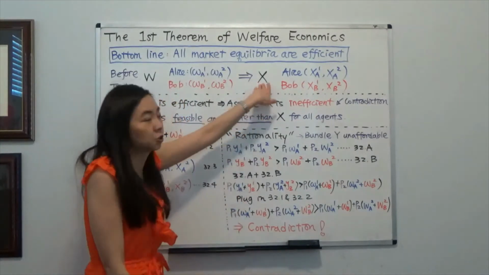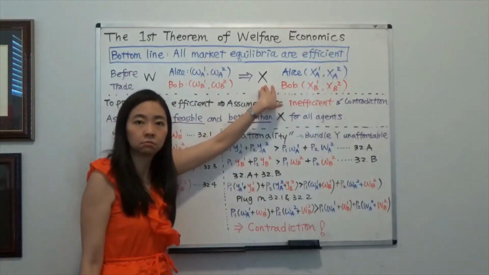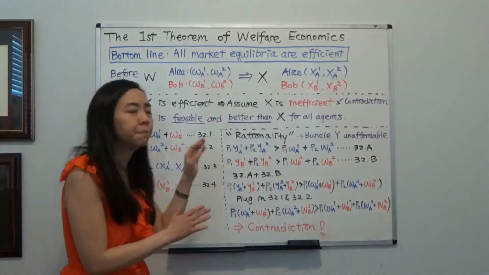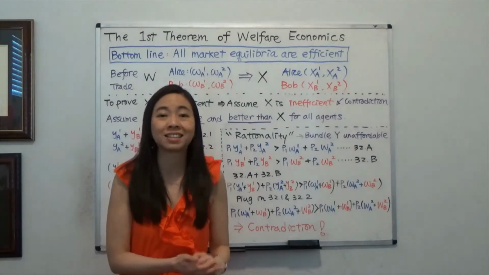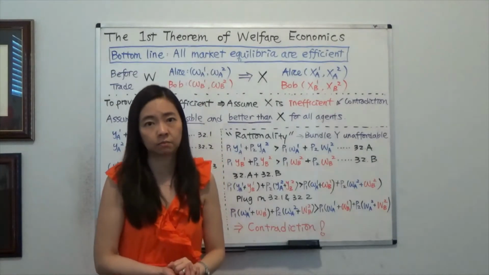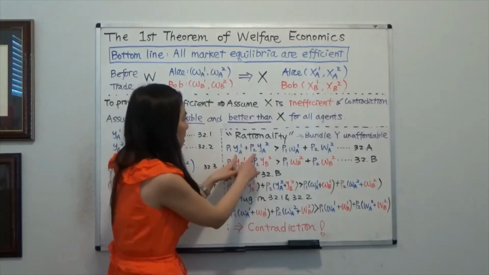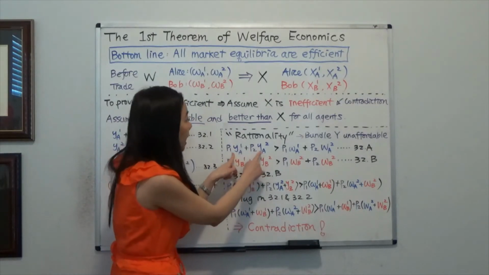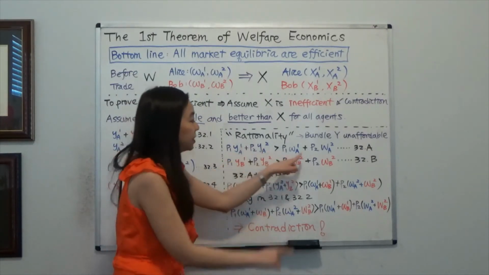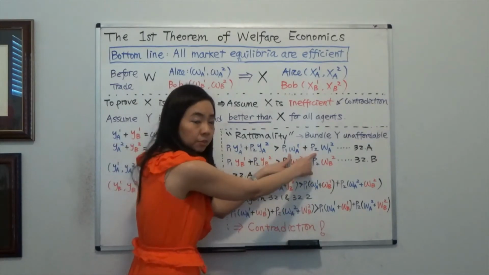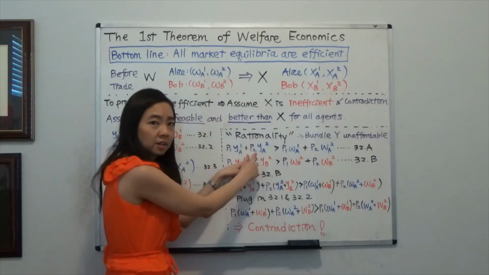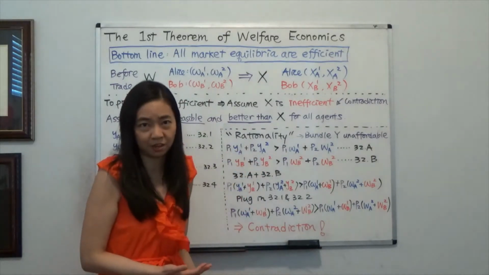And we know initially they bought bundle X. So they didn't buy bundle Y. That means, hey, it must be that bundle Y was unaffordable in the beginning. So we know that if you calculate the cost of bundle Y for Alice, it is going to be greater than her initial income. So after she sold all her endowment, she couldn't afford to buy Y. That's why she didn't buy Y in the beginning.